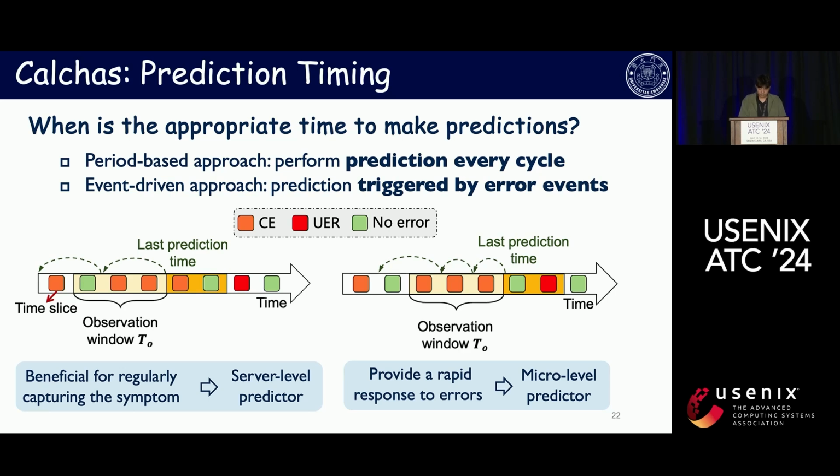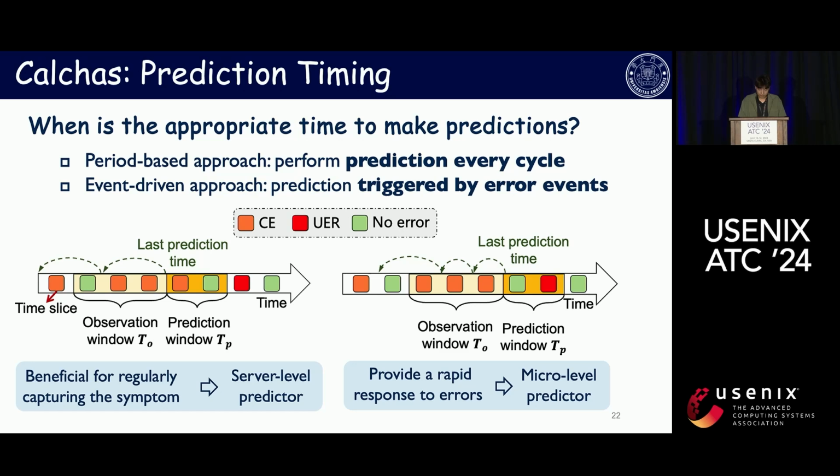After determining the prediction timing, we generate features for prediction based on observation windows. For example, if we set the observation window to 3 time slices, the features are generated based on the log recorded in the past 3 time slices. This prediction is responsible for upcoming UEs within the prediction window, such as the next 2 time slices in these examples.